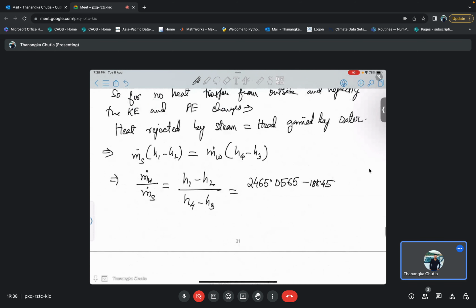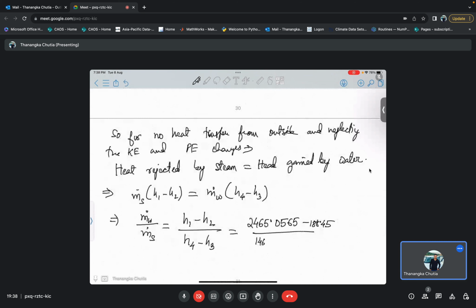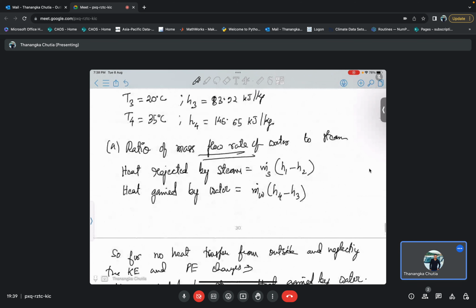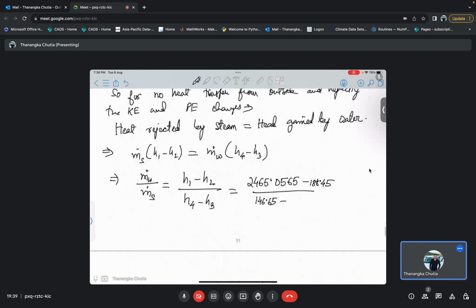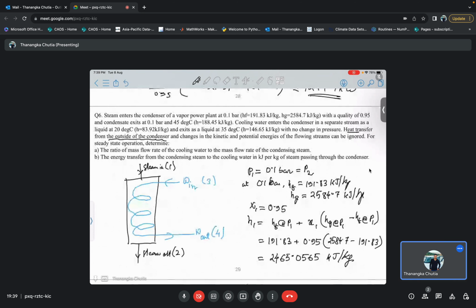And H4 is 146.65 and H3 is 83.92. So this ratio is 36.29.